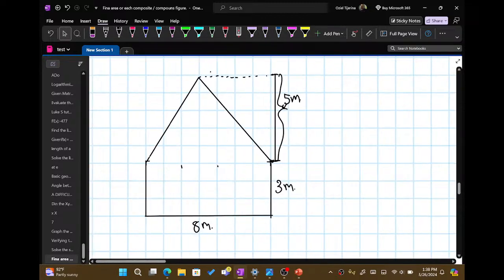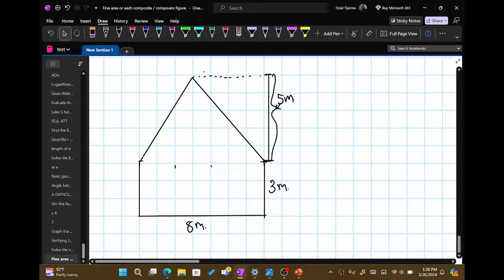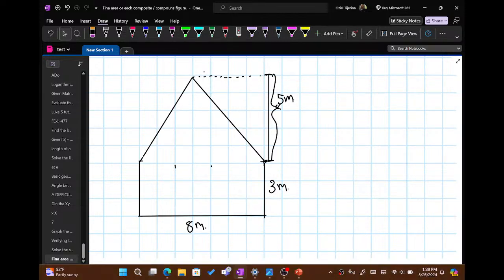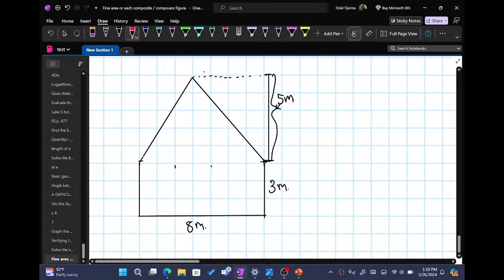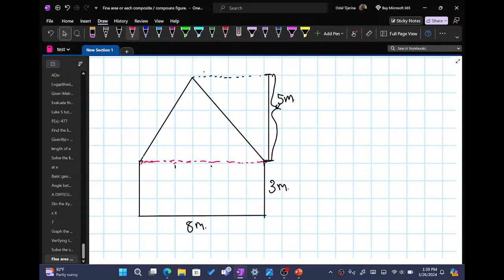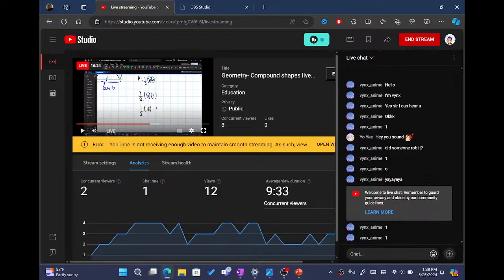Now again, what we want to do is draw this imaginary line here. Like I said, you always want to be able to split it into two different shapes.